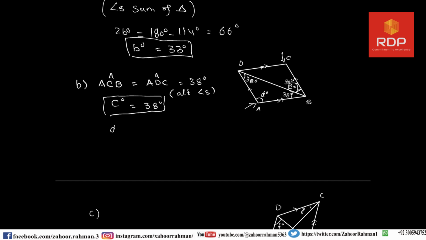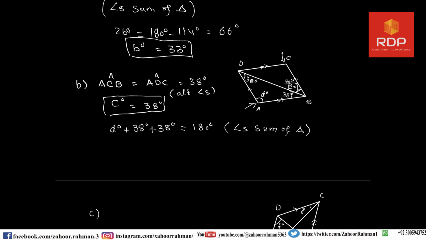So there are many ways in which you can find it. We are writing D degree plus 38 degree plus 38 degree will be equal to 180 degree by the angle sum of triangles.